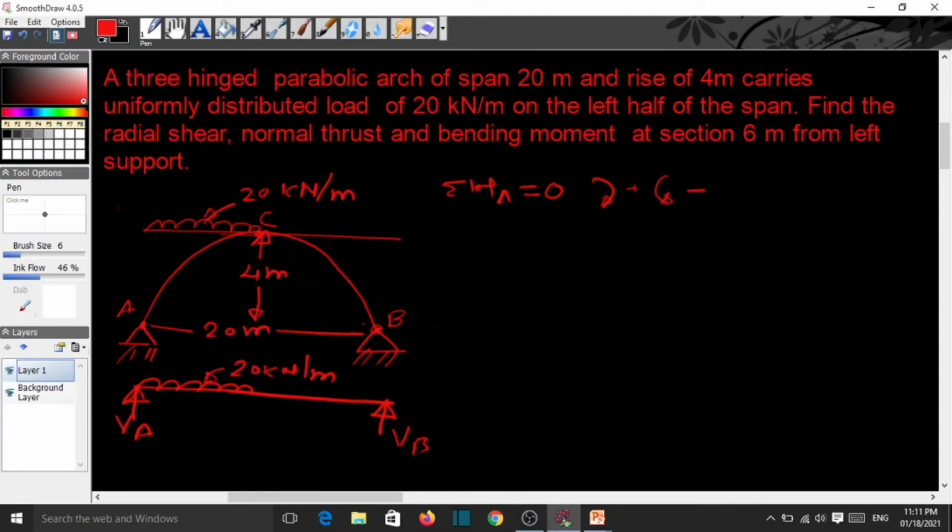So moment about this A: this load is in a clockwise fashion, so 20 into 10, because this is a 10 meter span, then minus 20 VB is equal to 0. So we got here VB is equal to 50 kN.